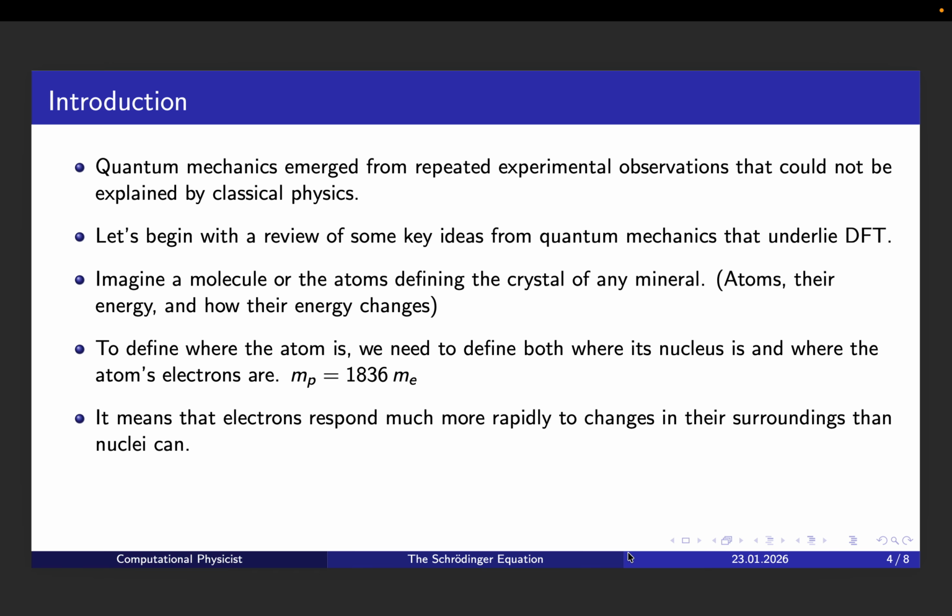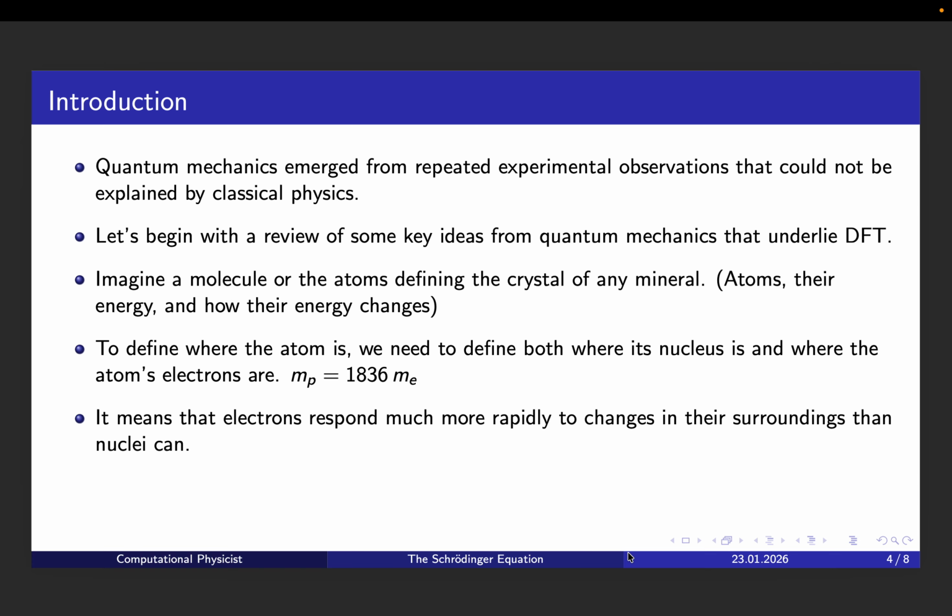One of the most fundamental things we would like to know about these atoms is their energy, and more importantly how their energy changes if we move the atoms around. To define where an atom is, we need to define both where its nucleus and where the atom's electrons are present. The nucleus is a body that consists of protons and neutrons.